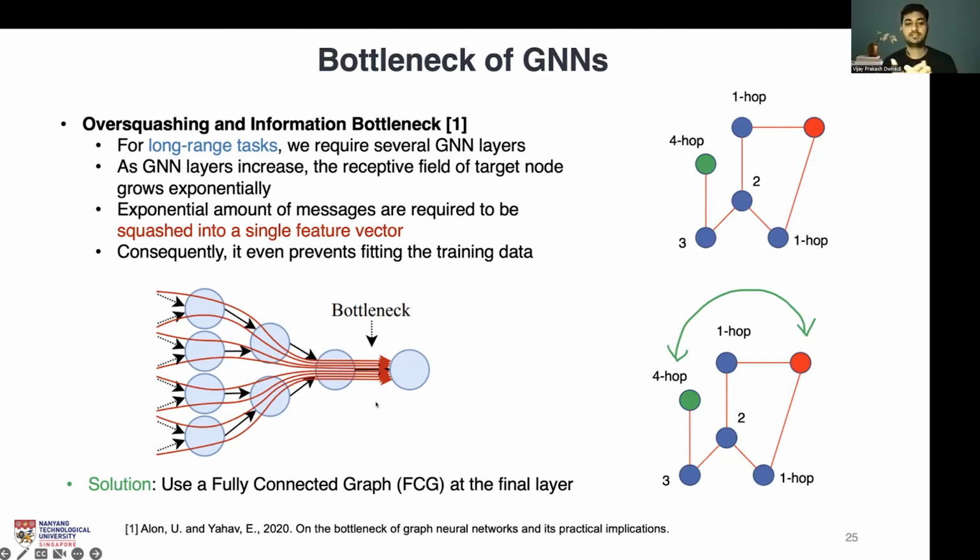As a result, when feature vectors are aggregated, a large amount of messages may have to be squashed into a single feature vector, because of which some critical information coming from distant neighbors may get lost. For this also, a remedy is to exploit the fully connected graph. In the work by Alon and Yahav, which principally studies this bottleneck, they even experiment with a fully connected graph at just the final layer, and it minimizes the over squashing phenomenon.